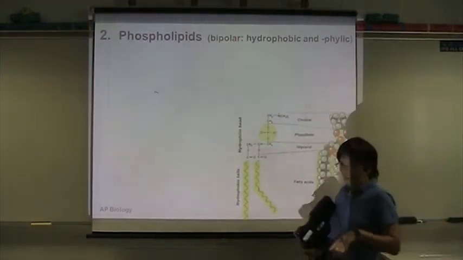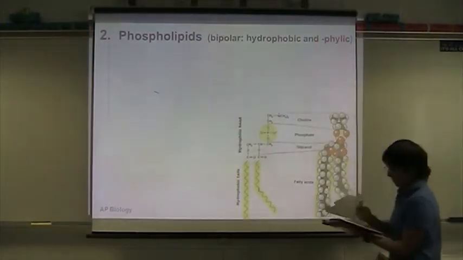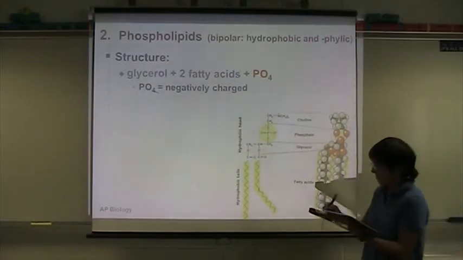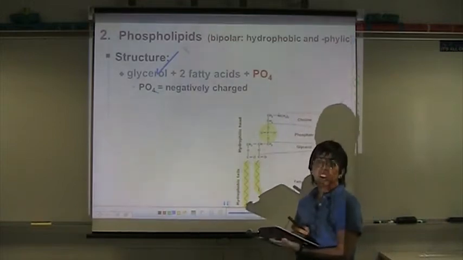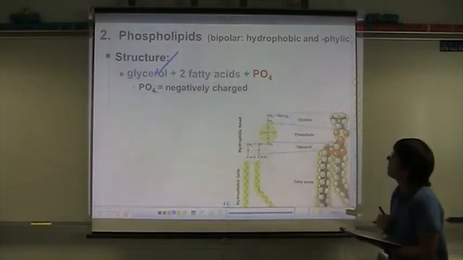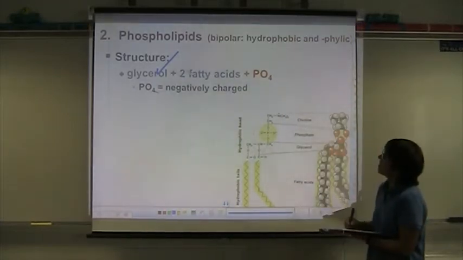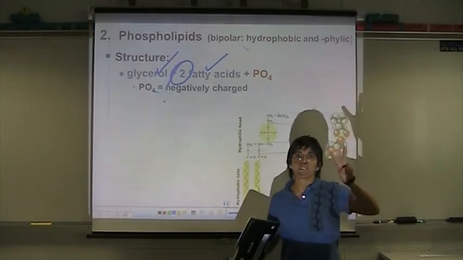Second group of fats. They are called phospholipids, and you are very familiar with them. A phospholipid, hello? Guess what it's made out of? A glycerol. That's not changing. Instead of 3 fatty acids, now we have 2 fatty acids attached.